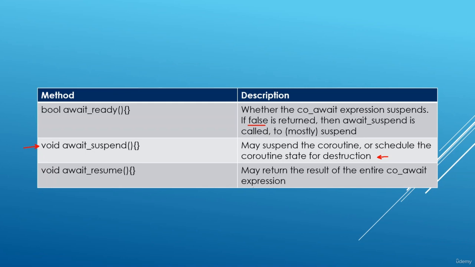The await resume method is going to be used if you have a value you want to return as a result of your co-await operator. I am not going to show you how to do that, but this is a good place to put your return value if what you are awaiting on happens to return a value. I have mentioned a good example of networking code.